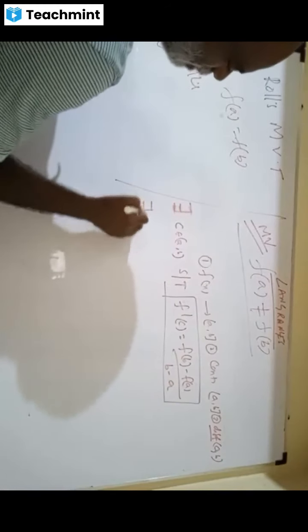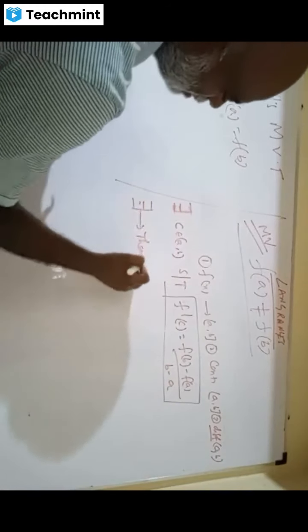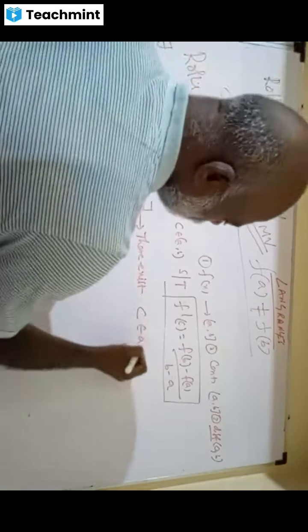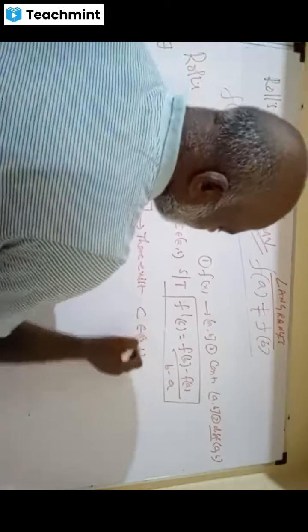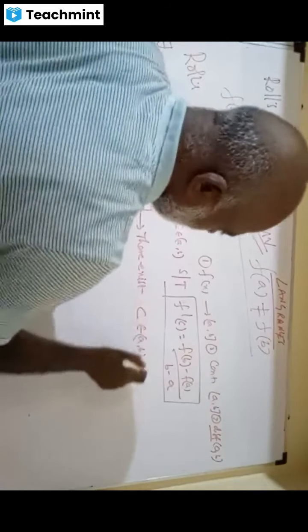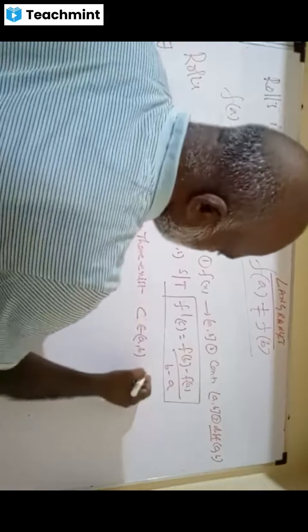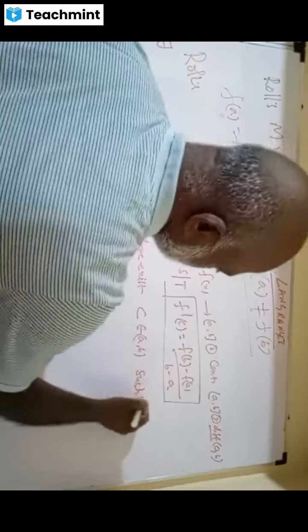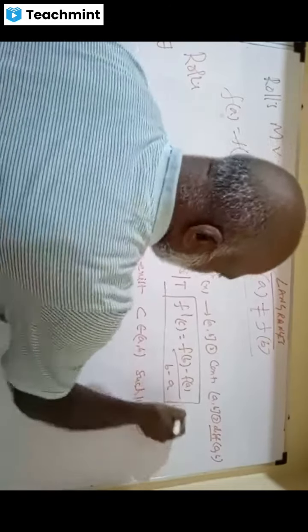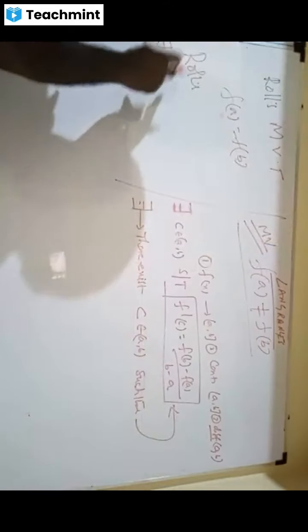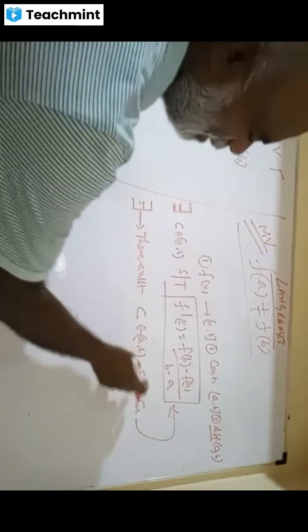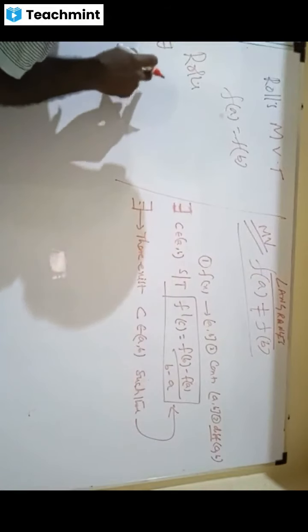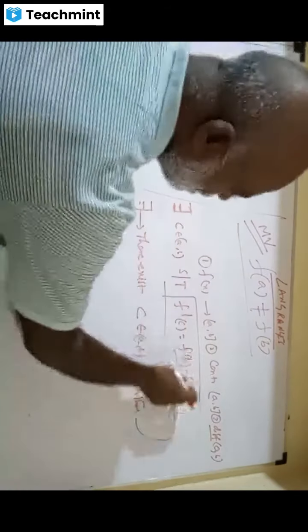What is the symbol for there exists? There exists C belongs to AB such that f dash C equal to f of B minus f of A by B minus A here.